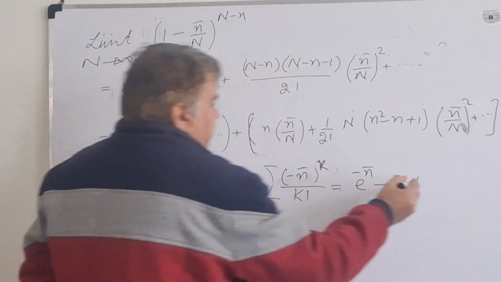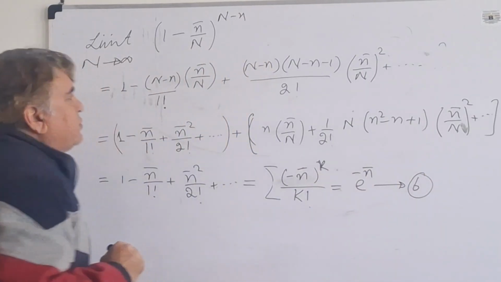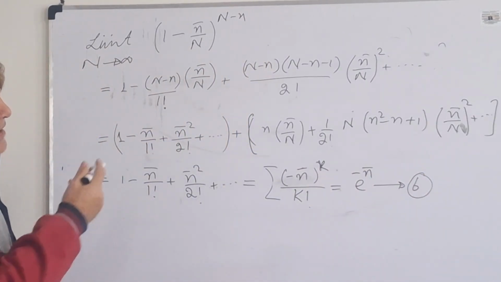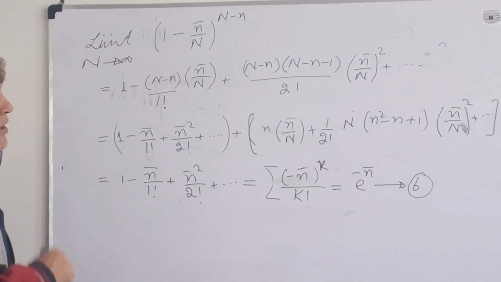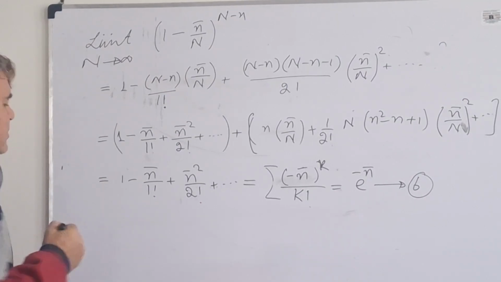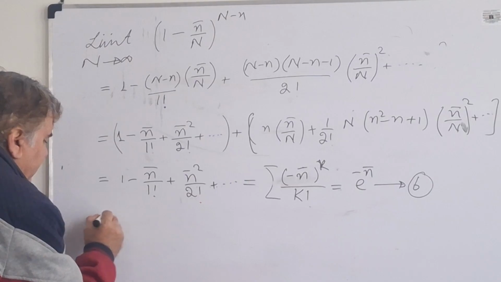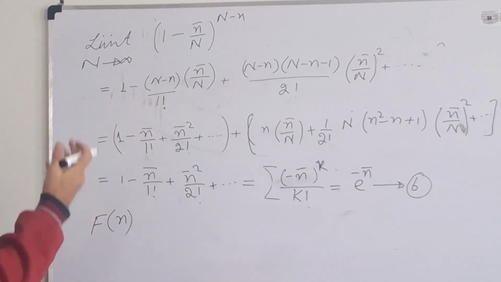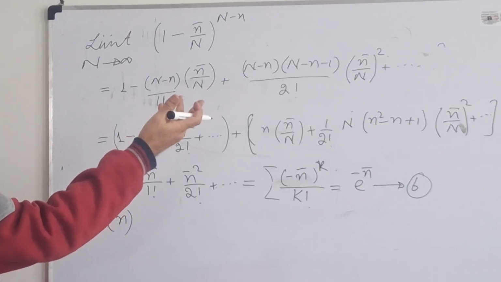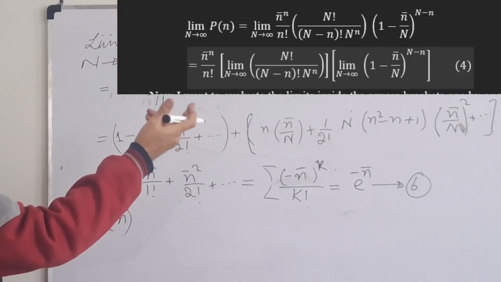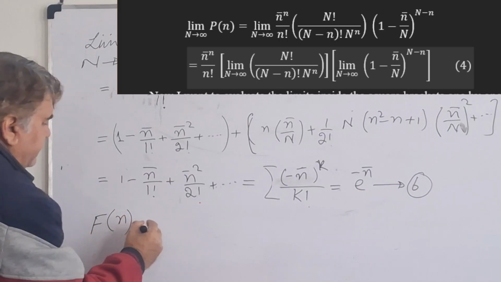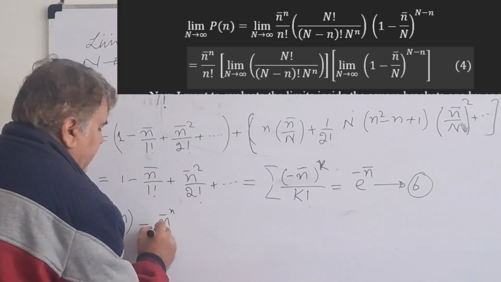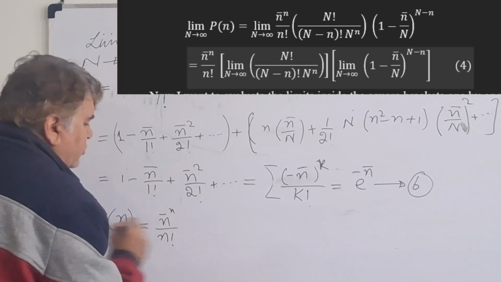Now, if I put the values of the two terms from equation 5 and equation 6 into equation 4, I would write the function. This is the output of equation 4. I can show you equation 4 on the screen. So that is equation 4. I need to write the first term as n bar raised to the power n divided by small n factorial.